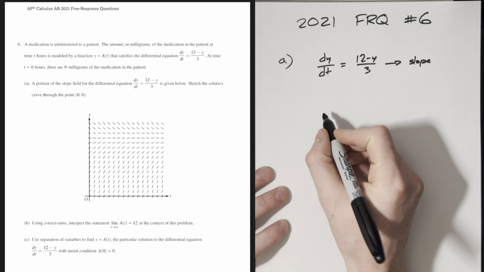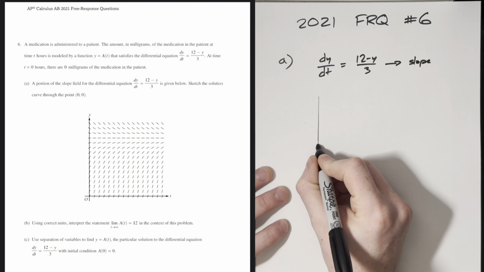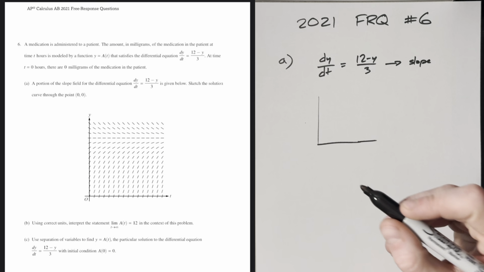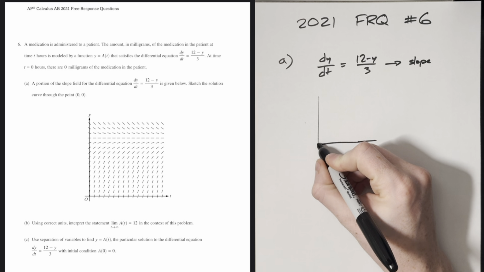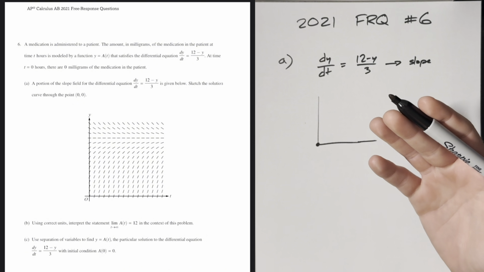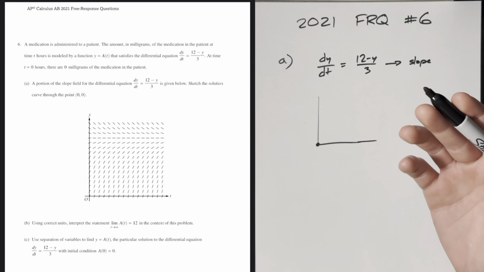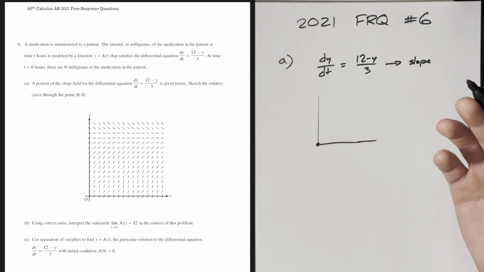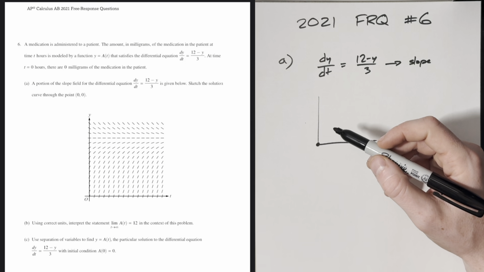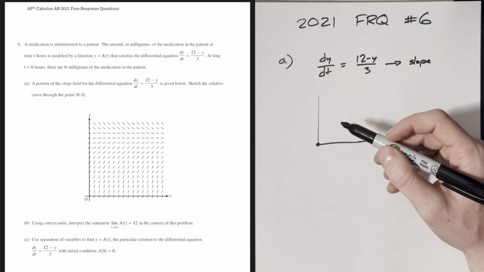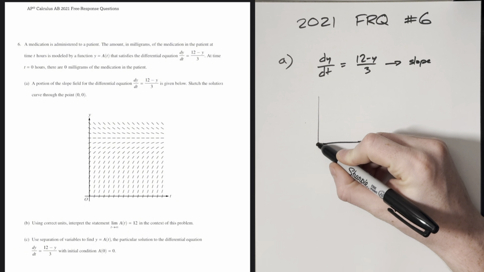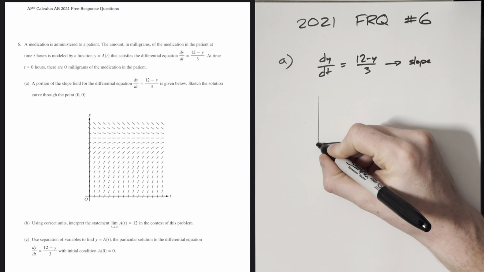But if we were to sketch this, obviously I don't have it right in front of me. You could print it out and work on it. But our initial condition that we know is we start at (0, 0), right? There's 0 milligrams at t equals 0 hours. What I'm going to do for a slope field is basically just follow the dashed lines, right? So initially at y equals 0, my slope will look something like this.